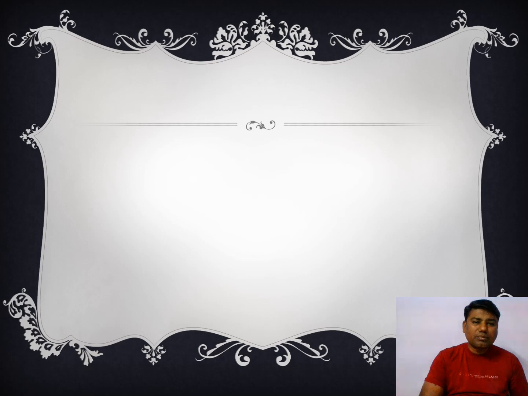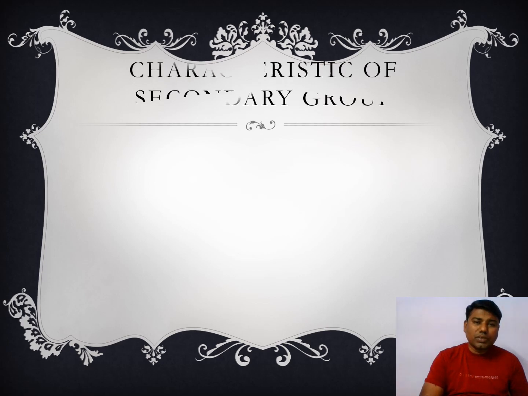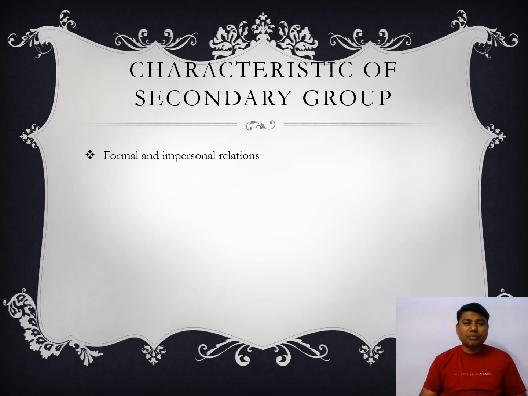Now I shall be explaining about some of the important characteristics of secondary group. The first one is formal and impersonal relations. In secondary group, we see that it does not exercise primary influence over its members. The members need not meet face to face.